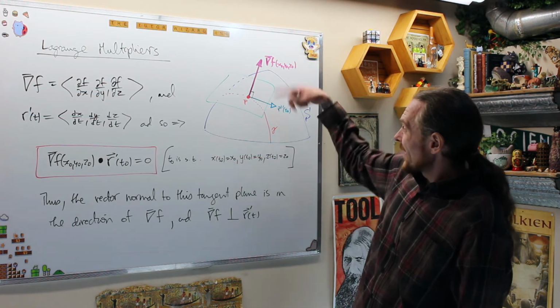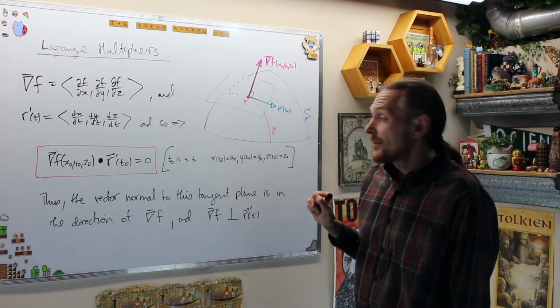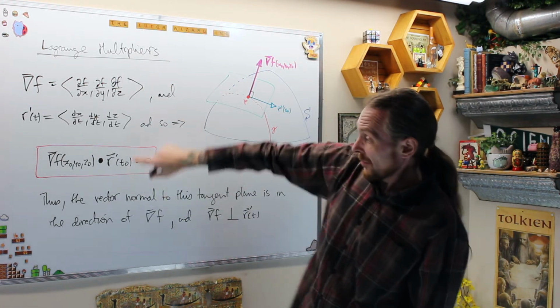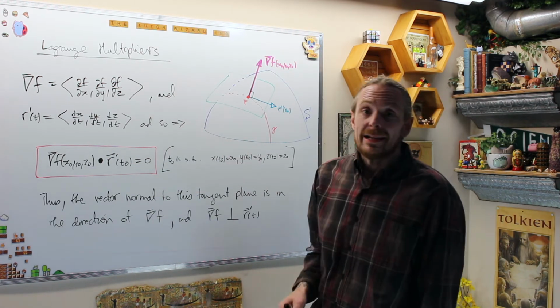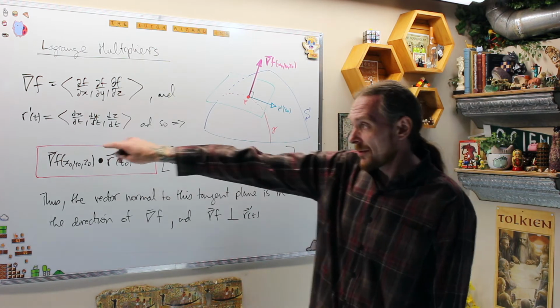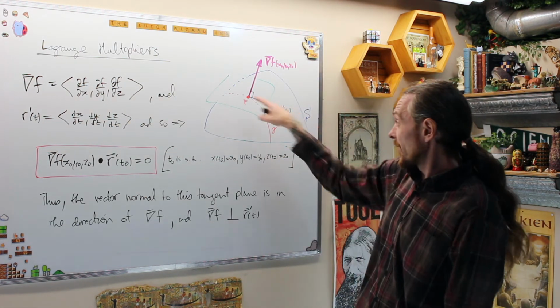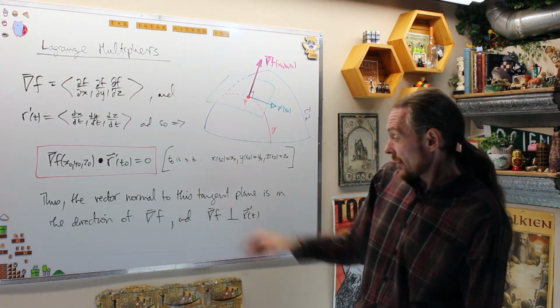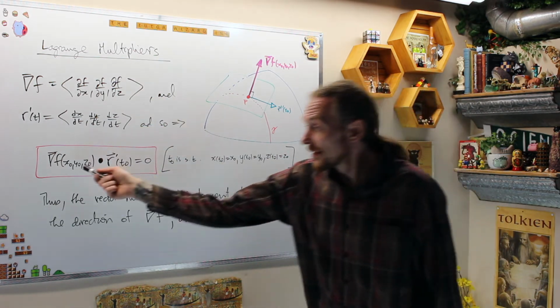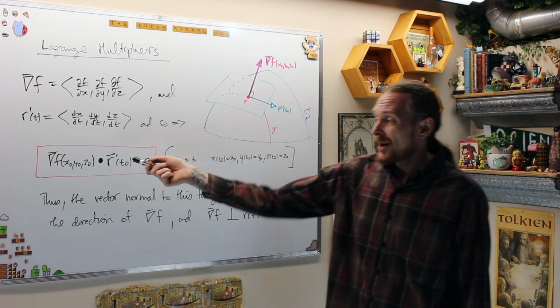So for the equation of the tangent plane to a level surface, three of the components are the gradient vector and the other three are the vector in the direction of the tangent line, so we get the equation: gradient dot r prime.